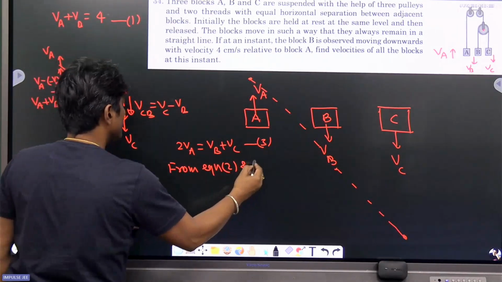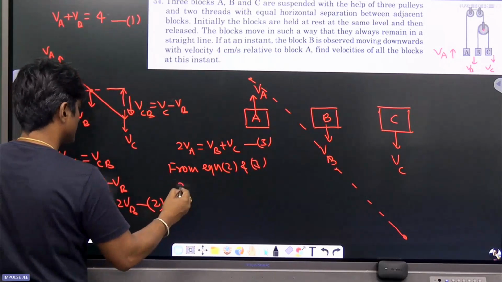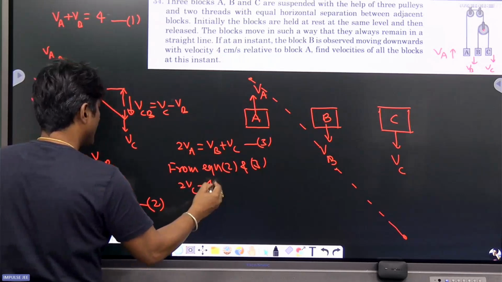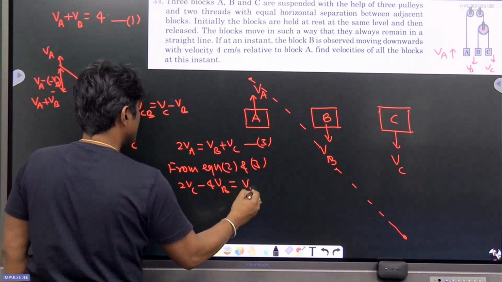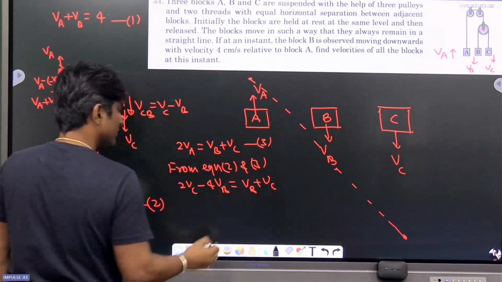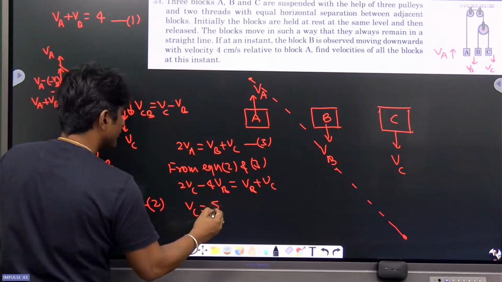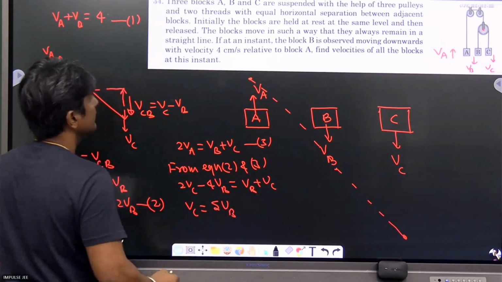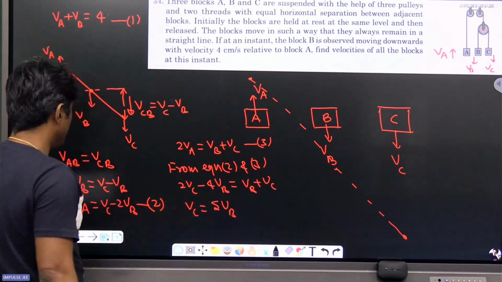From equations 2 and 3, we can write 2VC minus 4VB is equal to VB plus VC. So we get VC value is 5 times VB. So we have VC equal to 5VB.